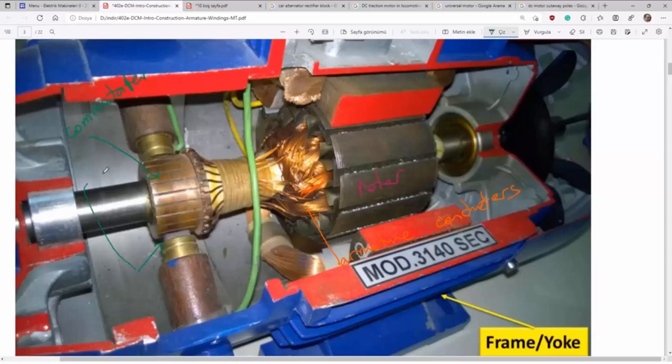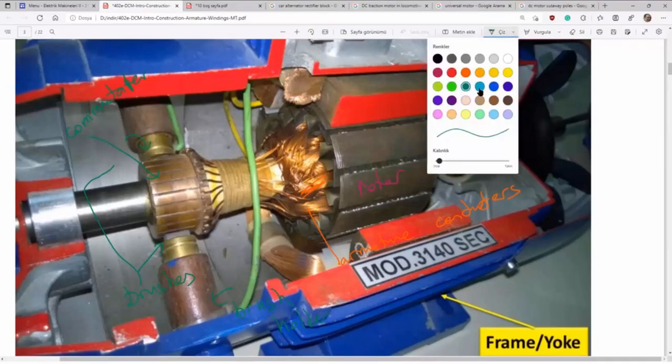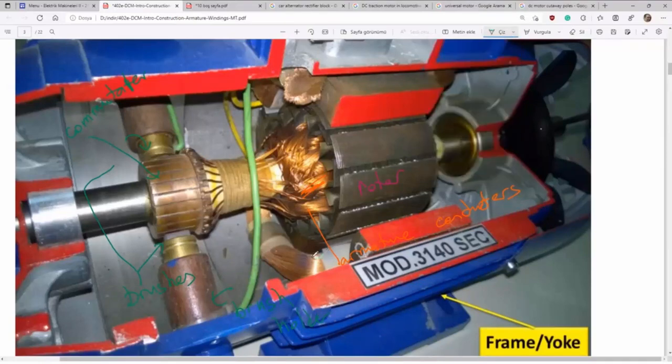One brush, another brush. That is the brush holder. Here are two poles. That is the pole coil, the field coil, pole or field coil. Here's the pole core.